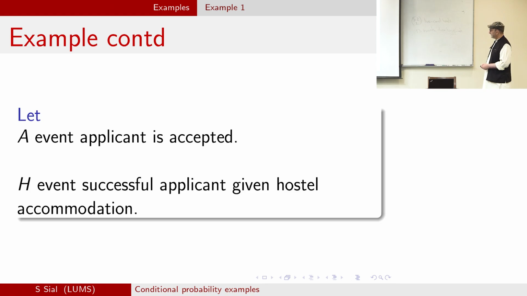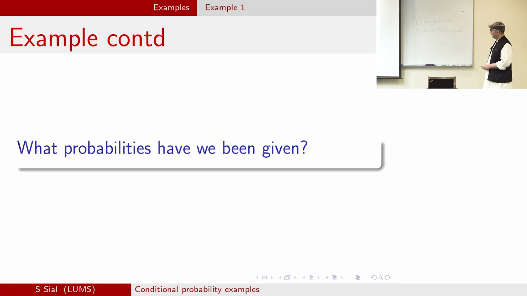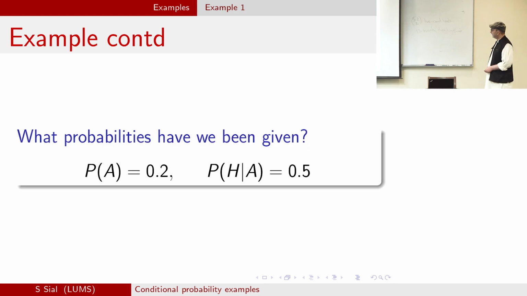H is the event that a successful applicant is given a hostile accommodation. Okay, so what were we given? We were given that the probability that someone is accepted is 0.2, and the probability of hostile accommodation given that someone has been accepted is 0.5.